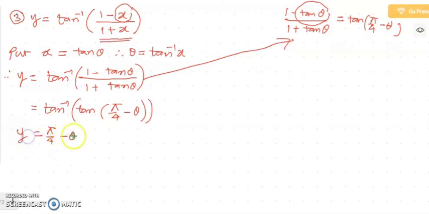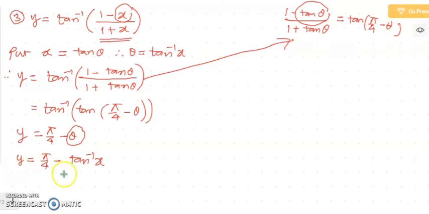Finally, once you simplify the expression in terms of theta, just remove this theta and write its value. The value of theta is tan inverse x. So y is equal to pi by 4 minus tan inverse x.